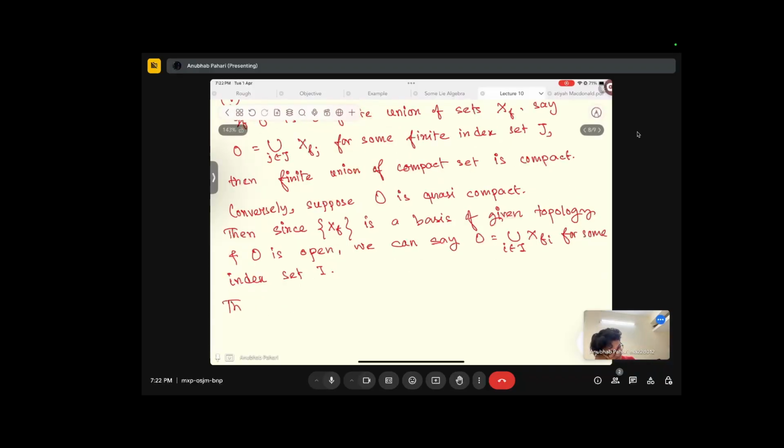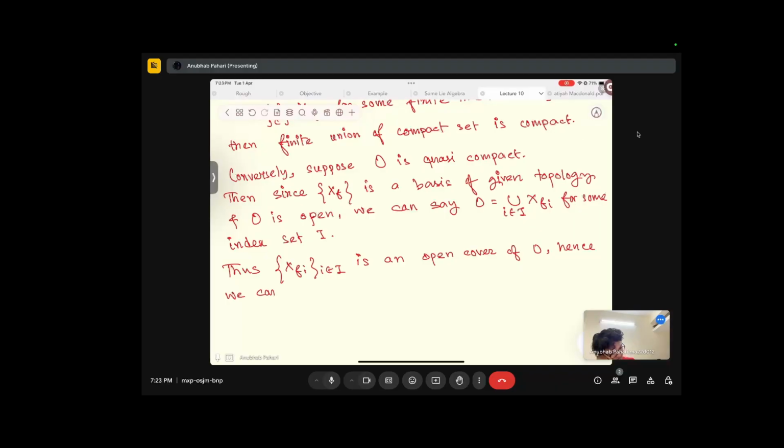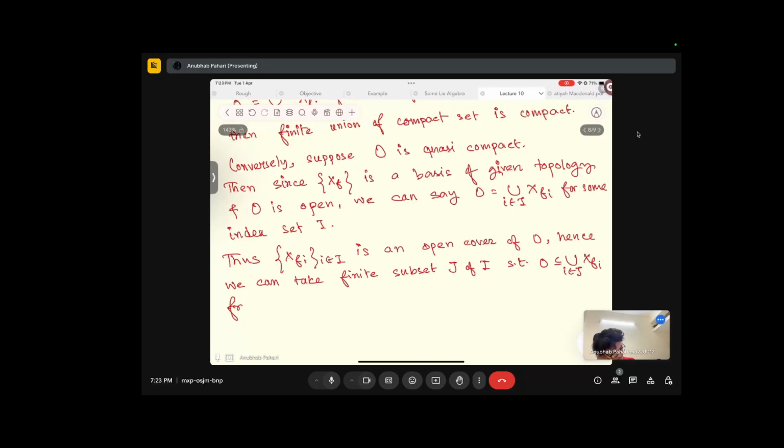Thus the X_{φ_i}, for i belonging to capital I, form an open cover of O. Hence we can take a finite subset J of I such that O is contained in the union over J of X_{φ_i}, from quasi-compactness.